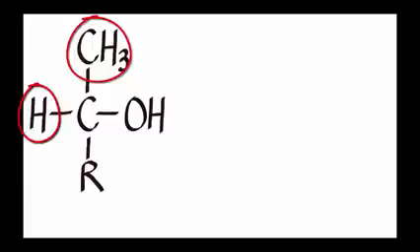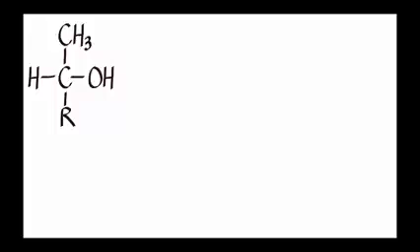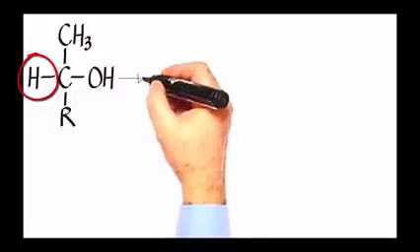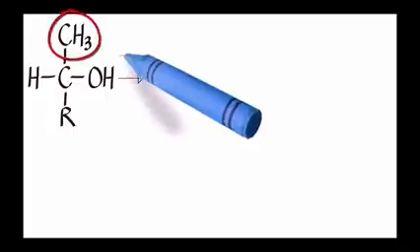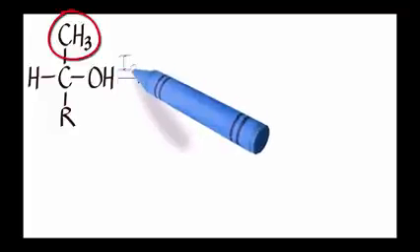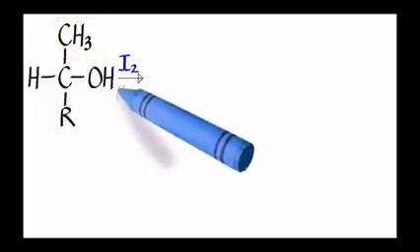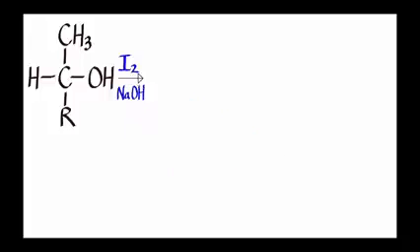But the carbon attached to the functional group of the alcohol must have both a methyl group and a hydrogen atom attached. You'll see the requirement of the hydrogen is so that it can undergo oxidation in this first phase of the reaction. And the methyl group, the CH3 group there, its requirement will become clear in that that's the group that ends up forming iodoform, properly known as triiodomethane.